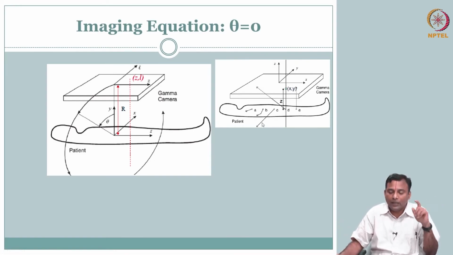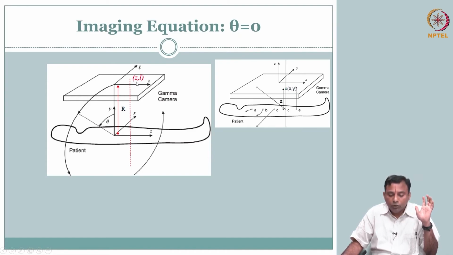So, what we will do is upfront change the coordinate system, so that we can be consistent with our reconstruction formulas that we did. We will now write it in terms of this coordinate system, the isocenter.